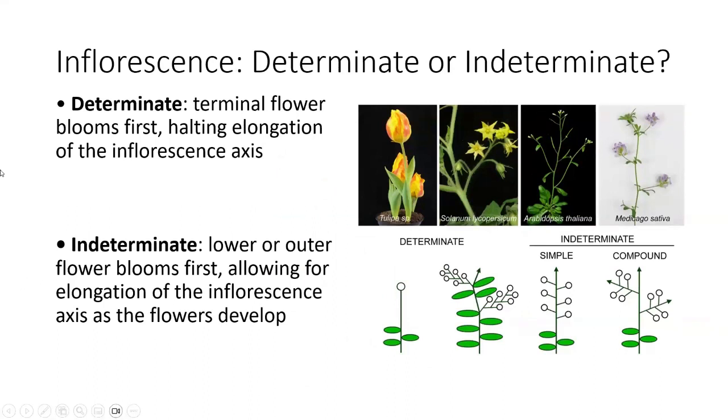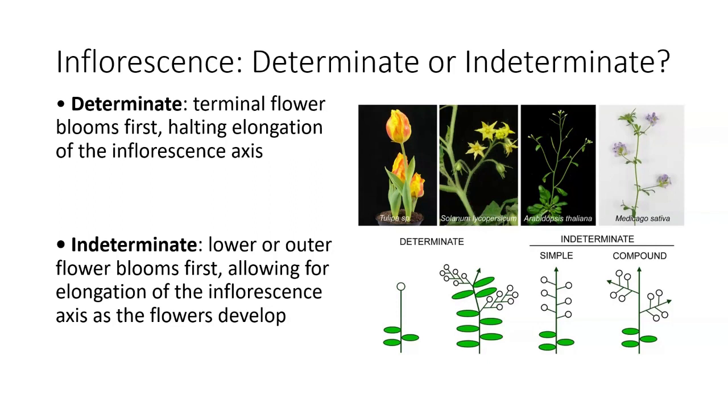Also with flowers, with their inflorescence, they can either be determinate or indeterminate. Determinate means they bloom on the terminal, and if you recall, terminal means that very tip end. The tip end blooms first, and that actually will halt elongation.